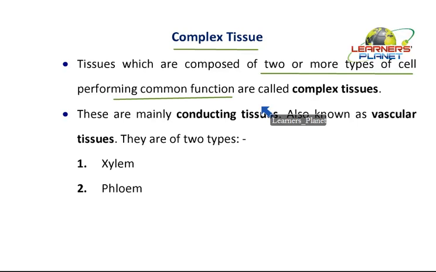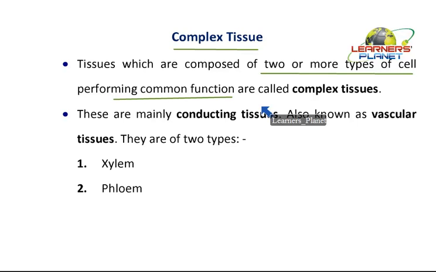In the case of complex tissues, of course they are made up of two or more different kinds of cells, but these different kinds of cells have the same origin. They have been derived from the same common type of basic cell, but they have been specialized in different ways.